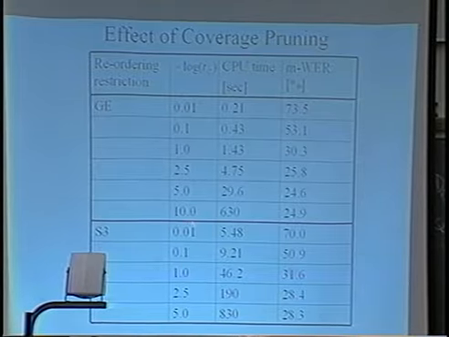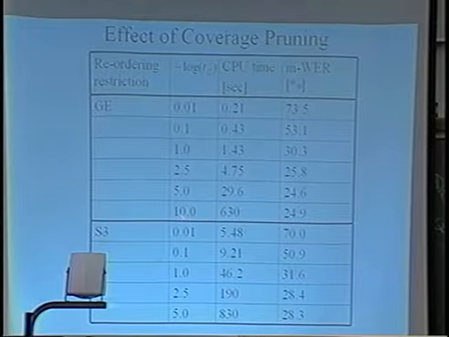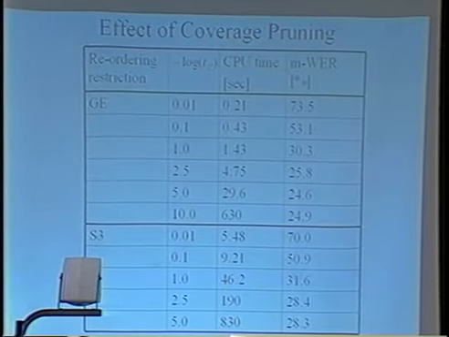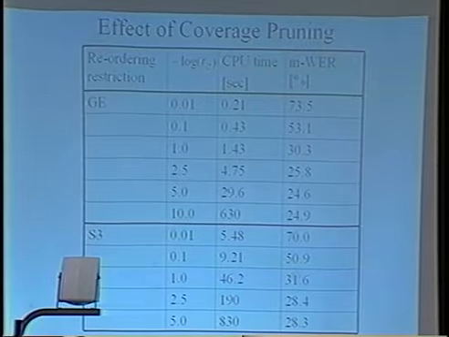For example, for the pruning threshold of 10, the search using the S3 restriction cannot be carried out due to memory and time restrictions. On the evaluation data, the multiple word error rate for the GE restriction is smaller, presumably because the German word group effect is better modeled using the GE restriction.